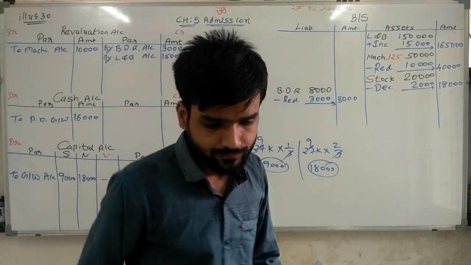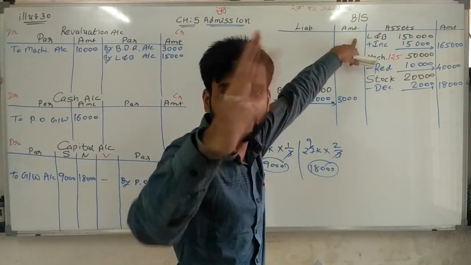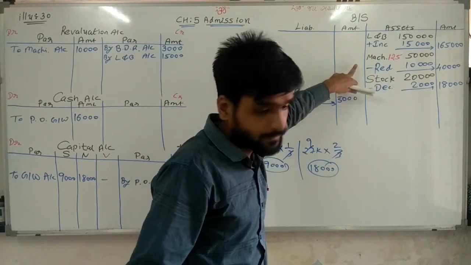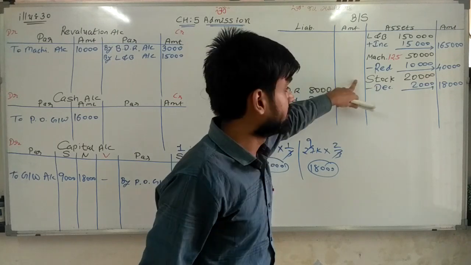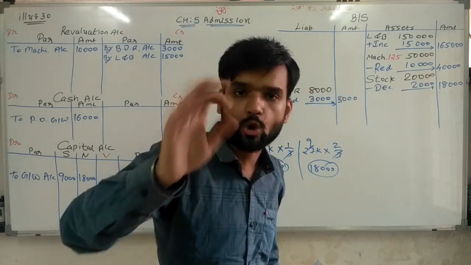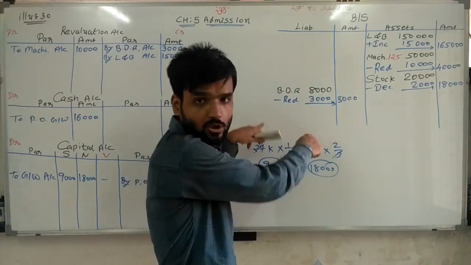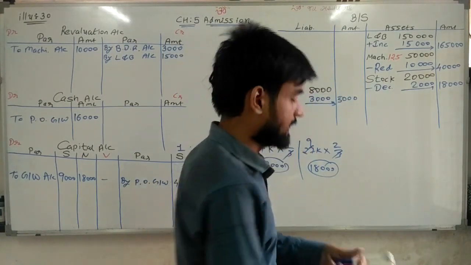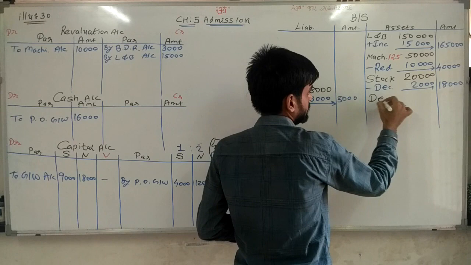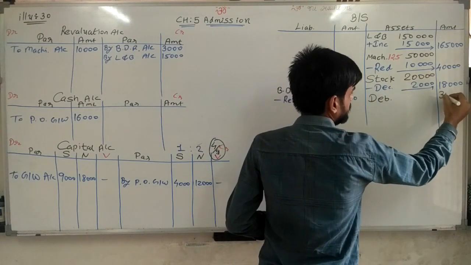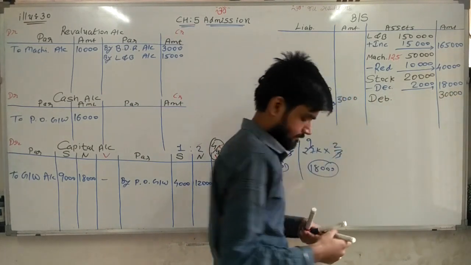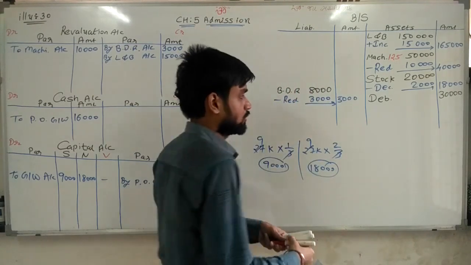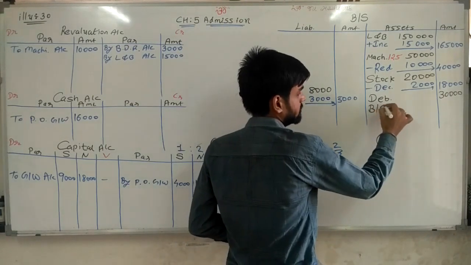Going ahead, land and building written, done. Machinery written, done. Stock written, done. Debtors not written off, better reserve written, but debtors not written. So debtors as it is, 30,000 we are writing here. Next, bills receivable is also written as it is.